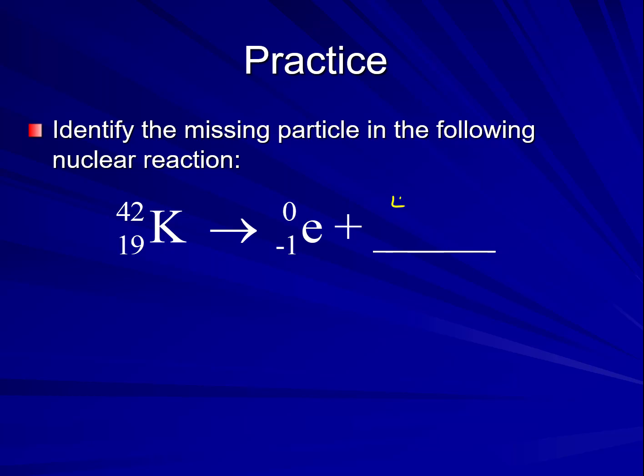They've got to add up. So what plus 0 gets you 42? Well, that would be 42. What's the bottom number going to be? What minus 1 equals 20? And number 20 on the periodic table is calcium. Really, really hard? Integer addition and subtraction, folks.